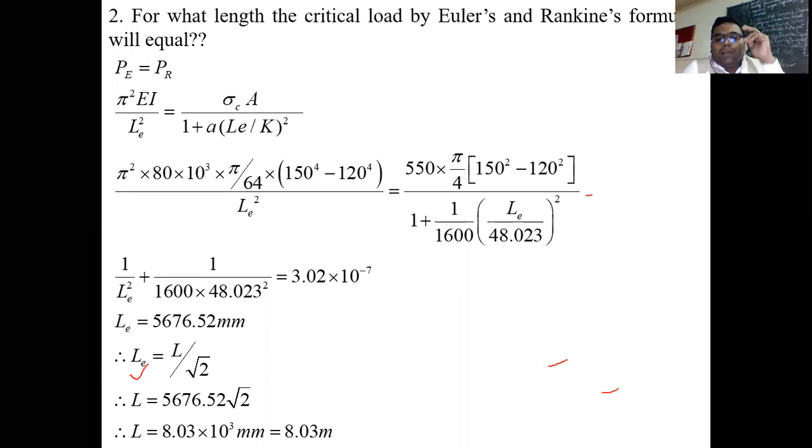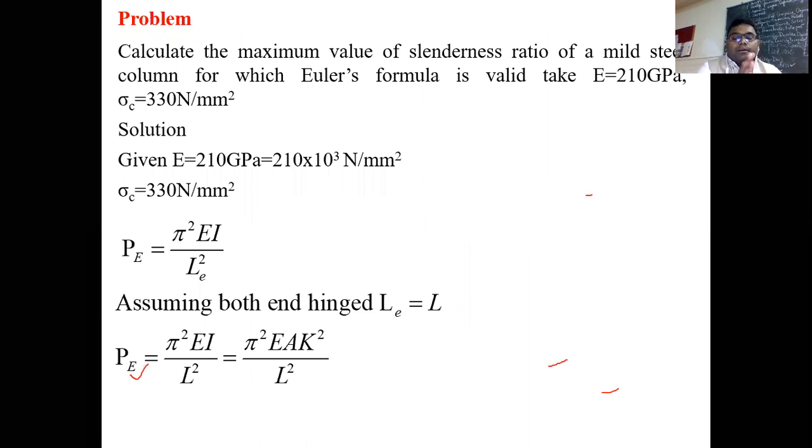So L is equal to LE into root 2. So we can calculate the actual length of the column as 8.03 times 10 to the power 3 mm, and converting into meters it is 8.03. So that is all the solution of the first problem.